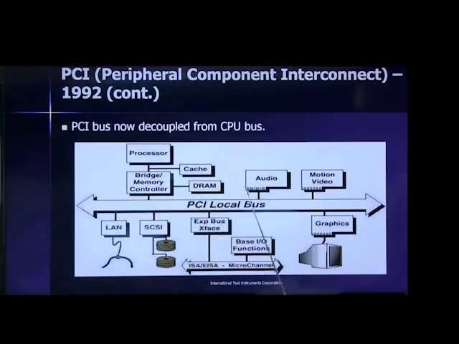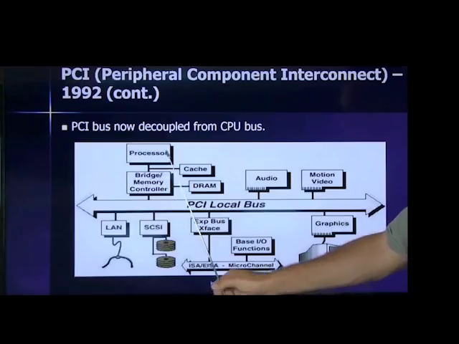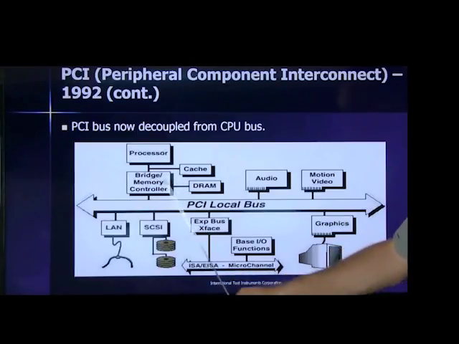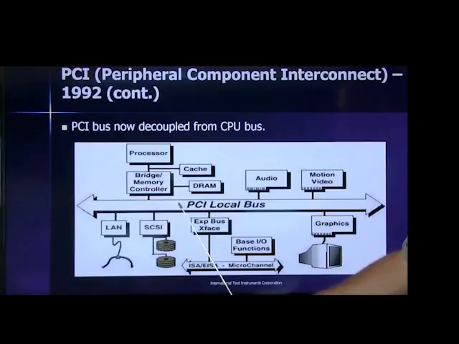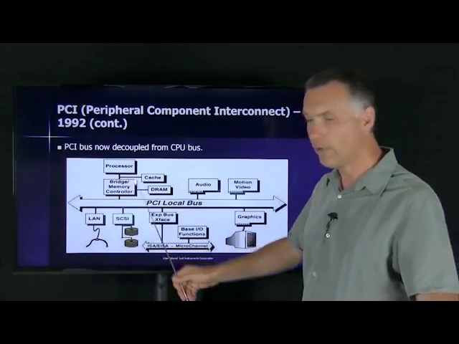That secondary transaction would then be claimed by the graphics card here, for instance. The graphics card would do the read or write or whatever transaction is being performed. Could be I/O too. And then the transaction would complete on the secondary bus, on the PCI bus. The bridge would then complete the primary bus. So it works as a bus master, if you will, on the PCI bus on behalf of the processor.